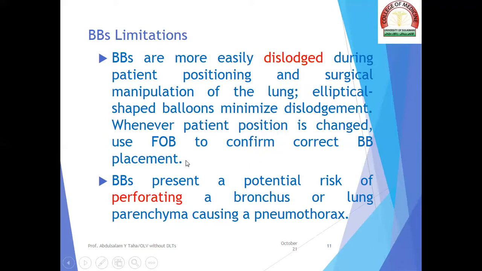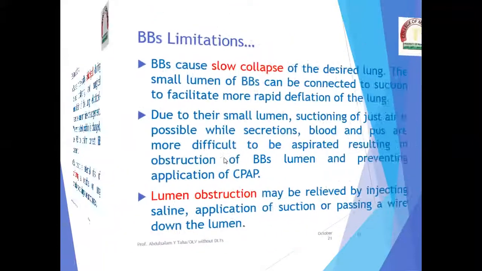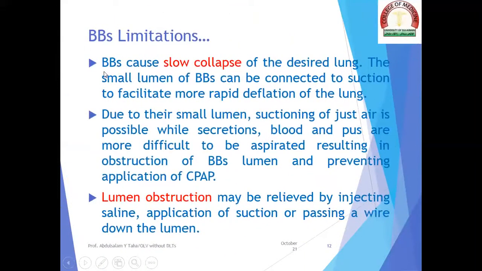Bronchial blockers present a potential risk of perforating a bronchus or lung parenchyma, causing a pneumothorax. Moreover, bronchial blockers cause slow collapse of the desired lung. The small lumen of bronchial blockers can be connected to suction to facilitate more rapid deflation of the lung.